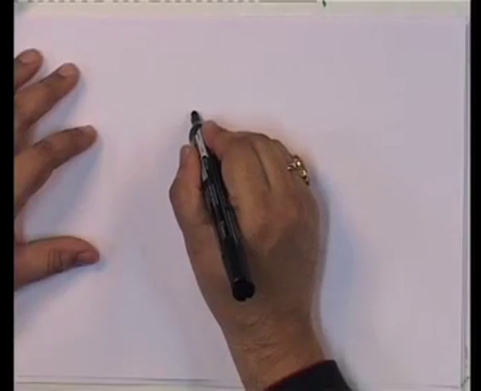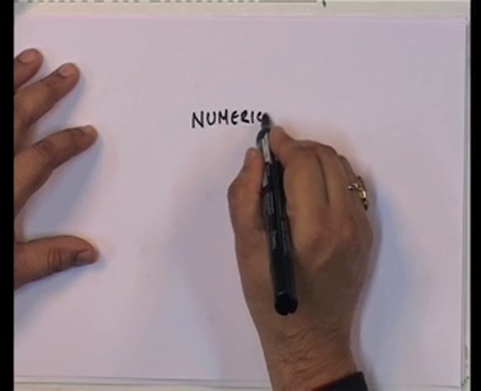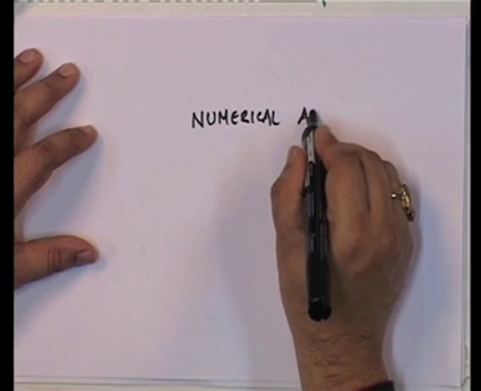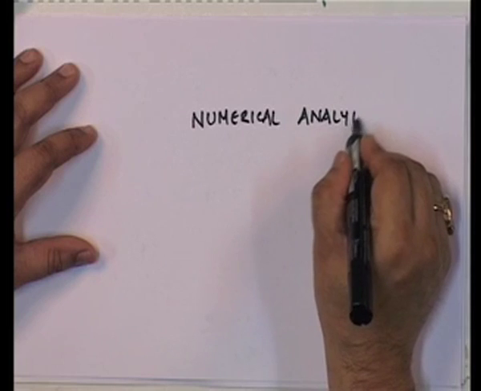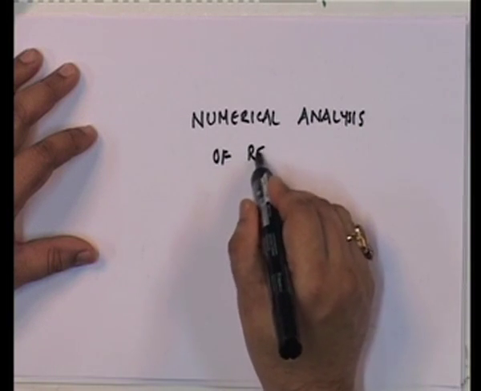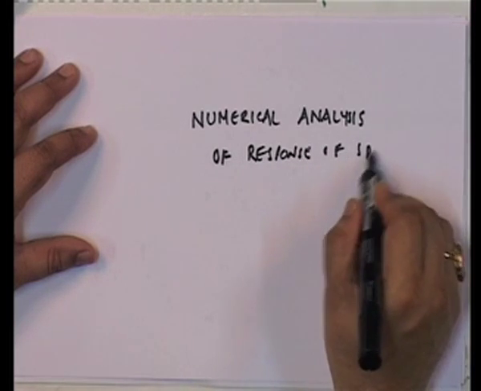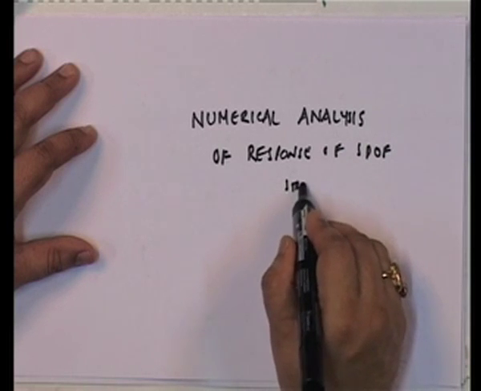Now, if you remember, we had done the Duhamel integral, and in this particular lecture, which is the 14th in the series of lectures, we are going to look at numerical analysis of response of a single degree of freedom structure.